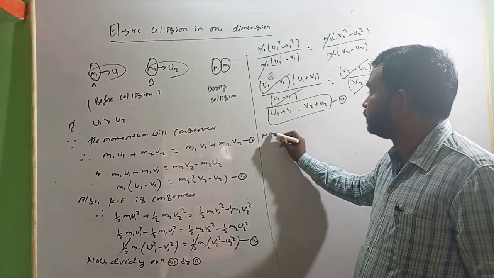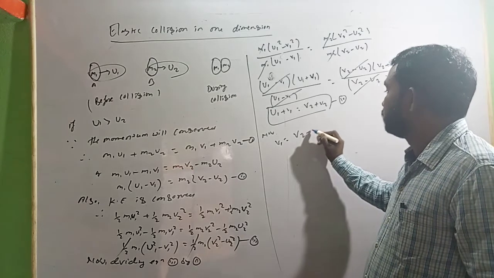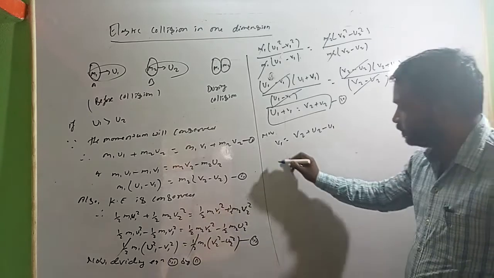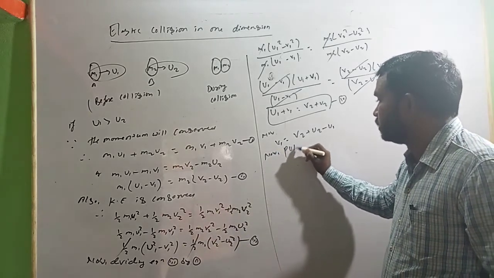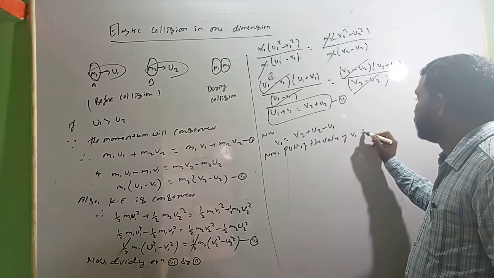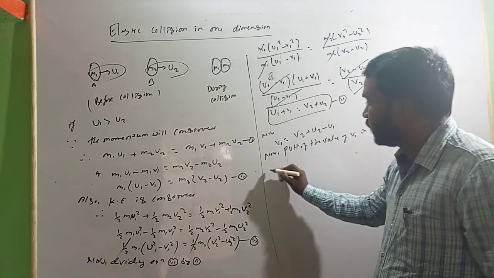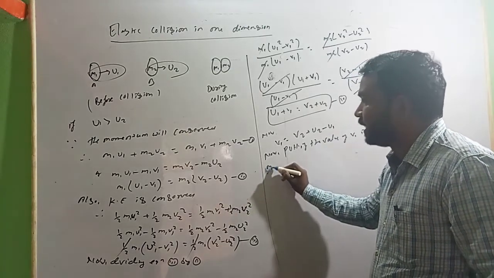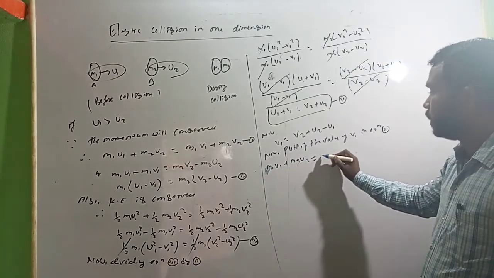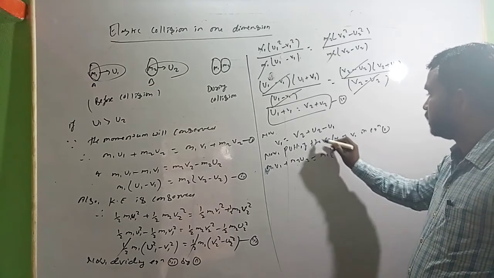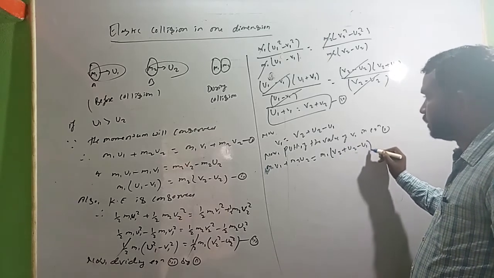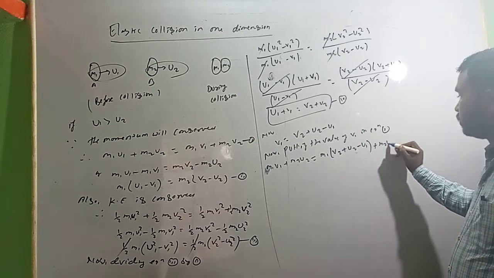So you can find the value of v1 or v2. Now v1 equals v2 plus u2 minus u1. Okay, put this value in equation 1. Now putting the value of v1 in equation 1, you will write m1 u1 plus m2 u2 equal to m1 times v2 plus u2 minus u1, plus m2 u2.